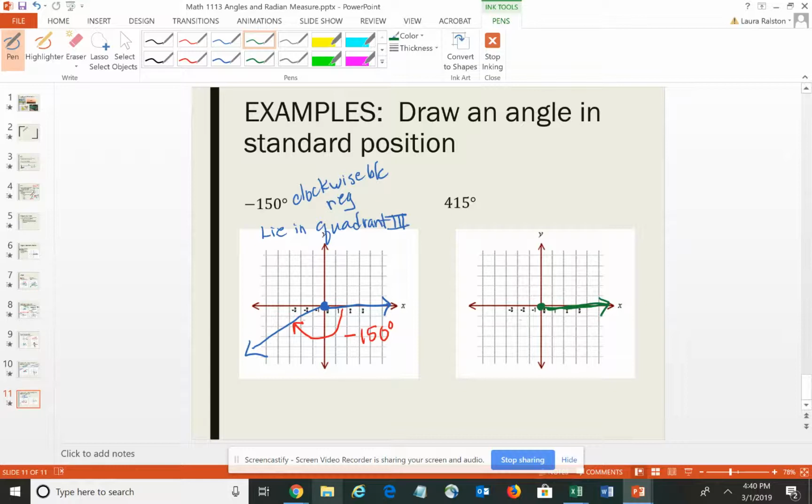Then I've got to figure out how much extra I have. So if I subtract, maybe come off to the side over here, 415 minus the full revolution of 360 is going to give me 55 degrees.